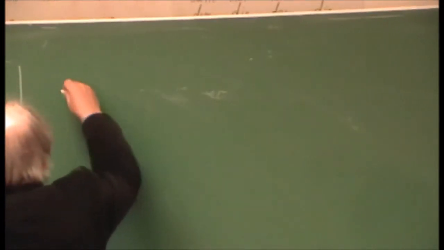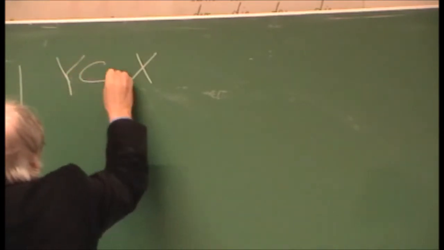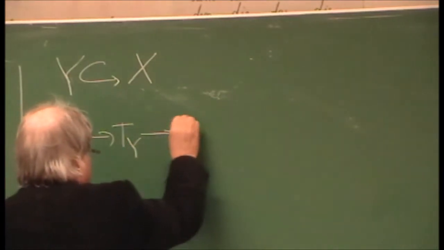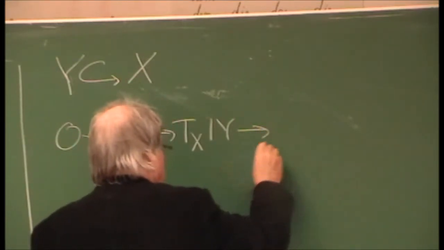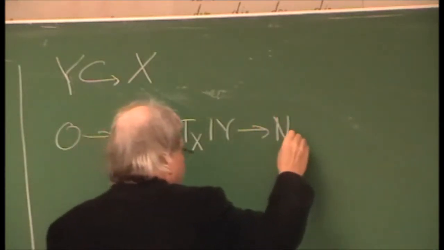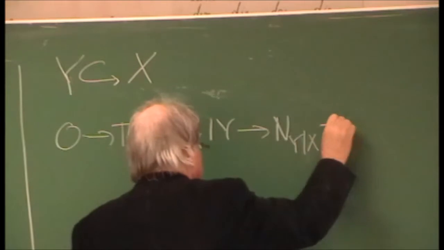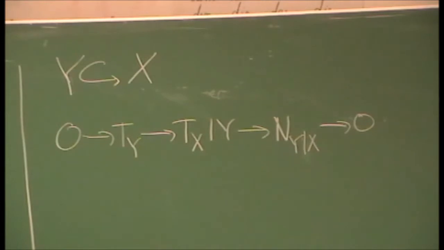So this adjunction formula is a very simple situation. You have a complex manifold X and a complex submanifold Y. And you have an exact sequence. You have the holomorphic tangent bundle of Y, and you have the tangent bundle of X restricted to Y. This is an exact sequence along Y, and the quotient is the normal bundle of Y in X. It's completely clear.